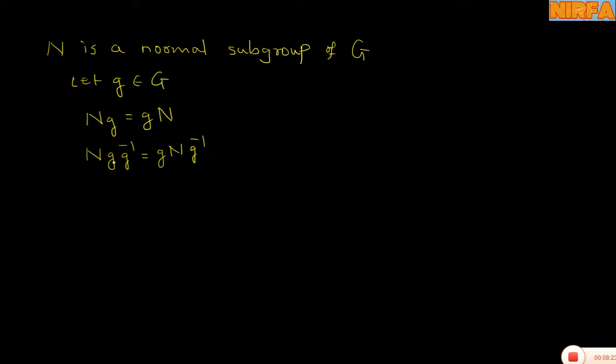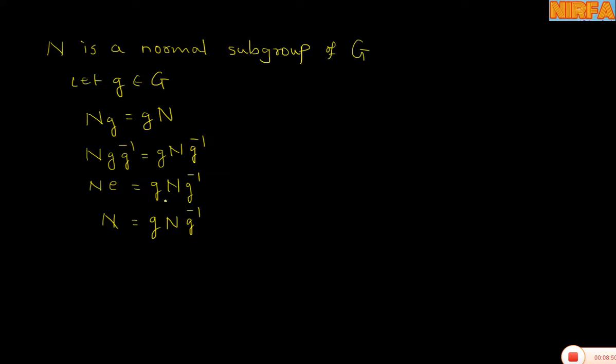We know that g and g inverse after multiplication will give identity, and therefore we can write this as N into e is equal to g N g inverse. Now the multiplication by identity, according to the identity law, gives N is equal to g N g inverse.